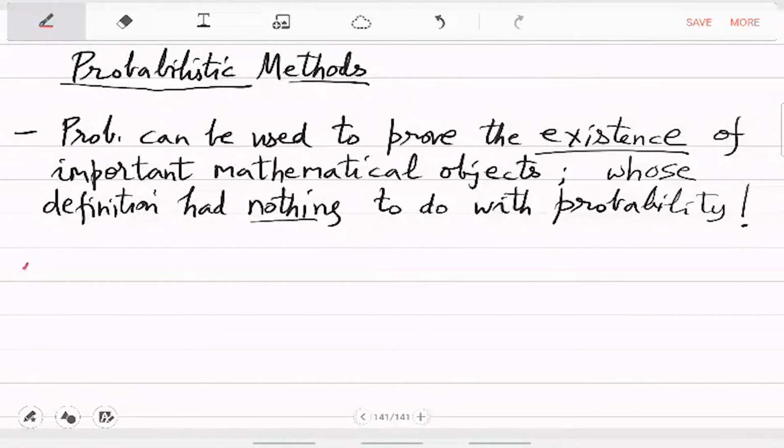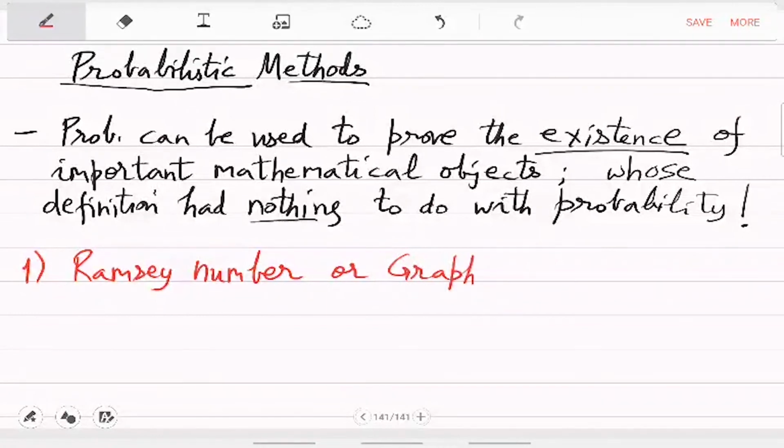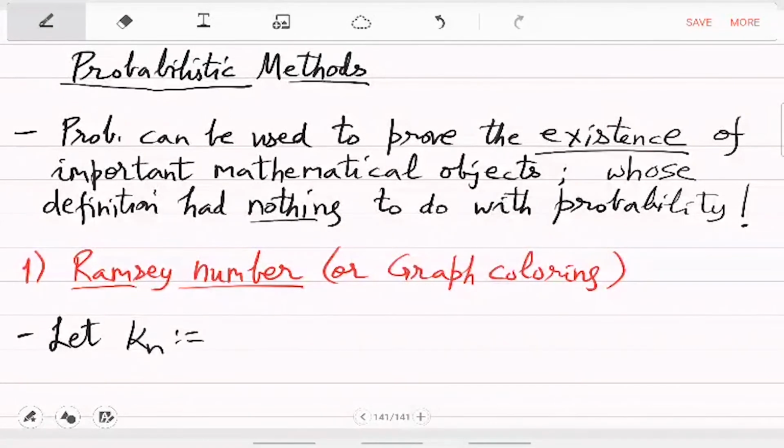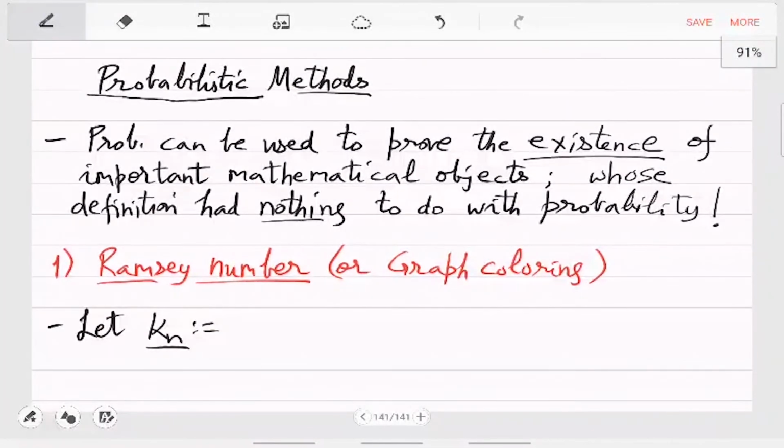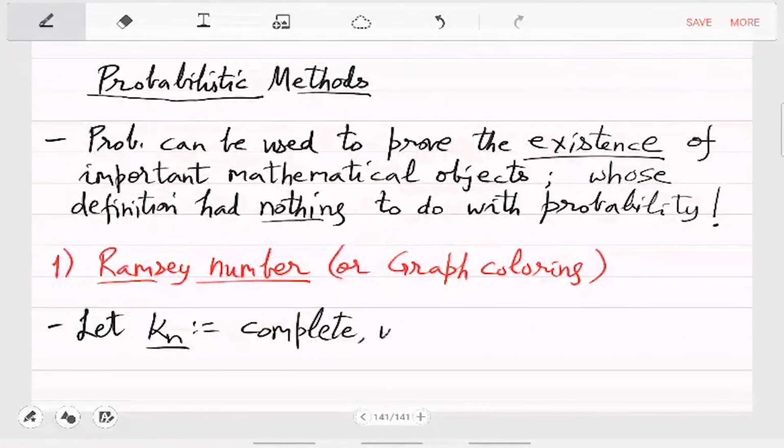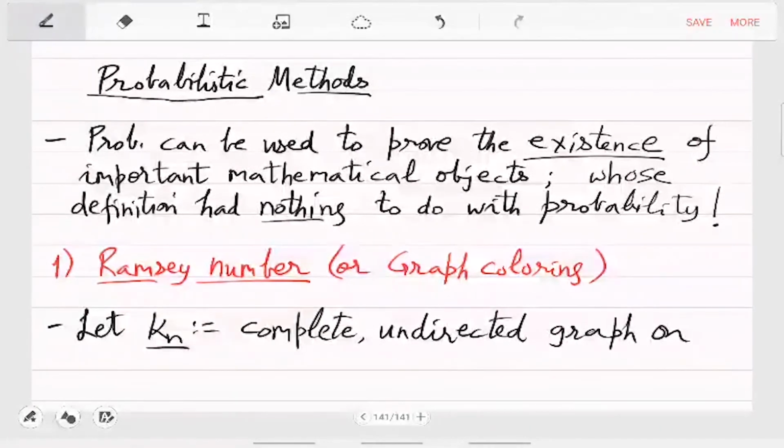So instead of talking about this in more general terms, let us see the examples. First is Ramsey number, or graph coloring. So let Kn be the complete undirected graph on n vertices.